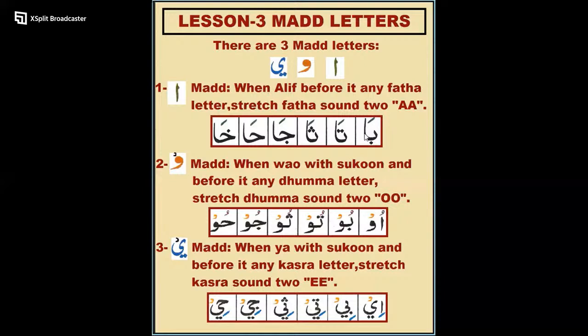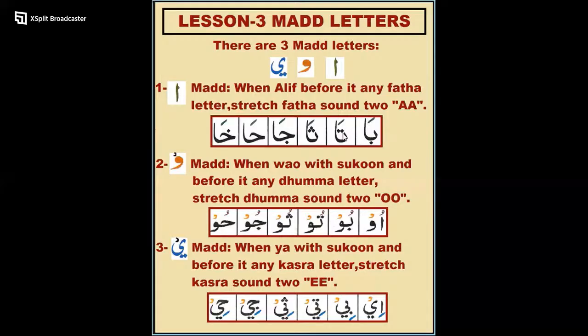If there is no alif, we simply read ba zabar ba, or ba fatha ba. But now we see alif after the fatha letter, so we stretch it: ba alif fatha ba.